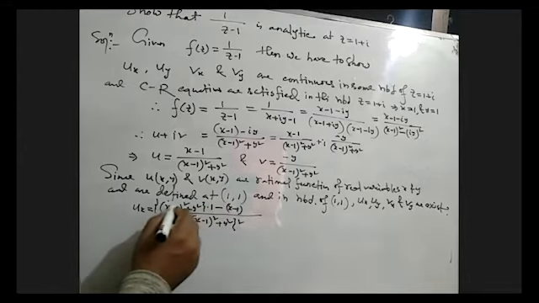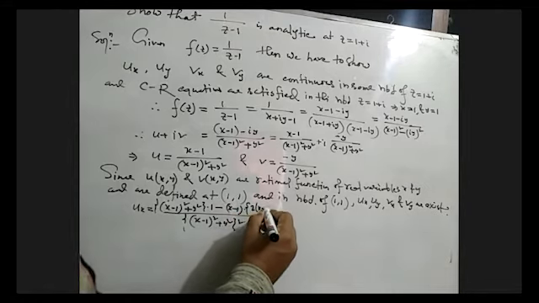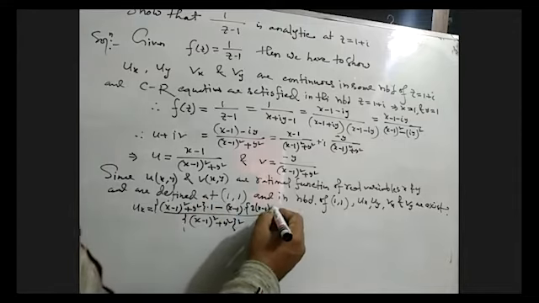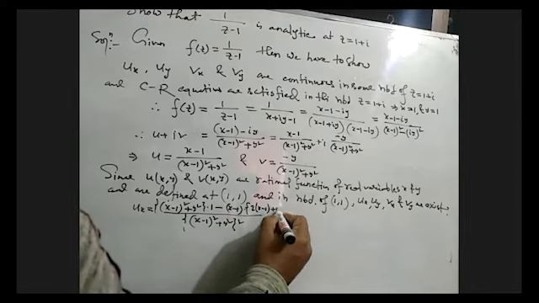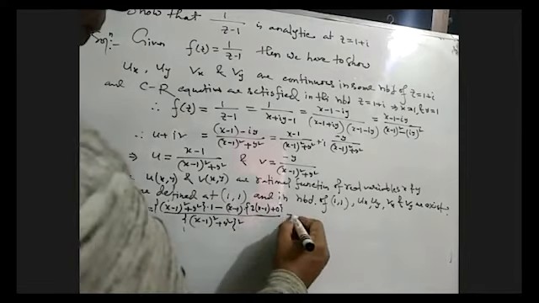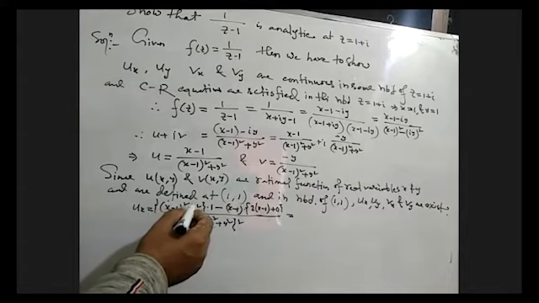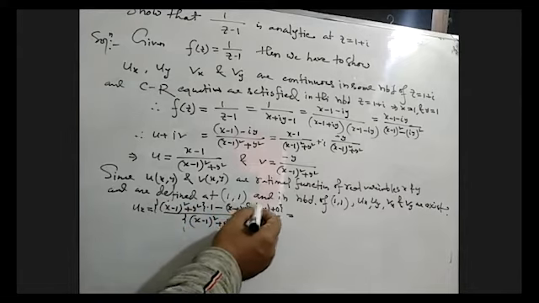Differentiation of this with respect to x is 2 times x minus 1. Okay. And y square differentiation is 0. Plus 0. So this equals, after calculating, x minus 1 whole square plus y square minus x minus 1 into 2 into x minus 1, whole square.